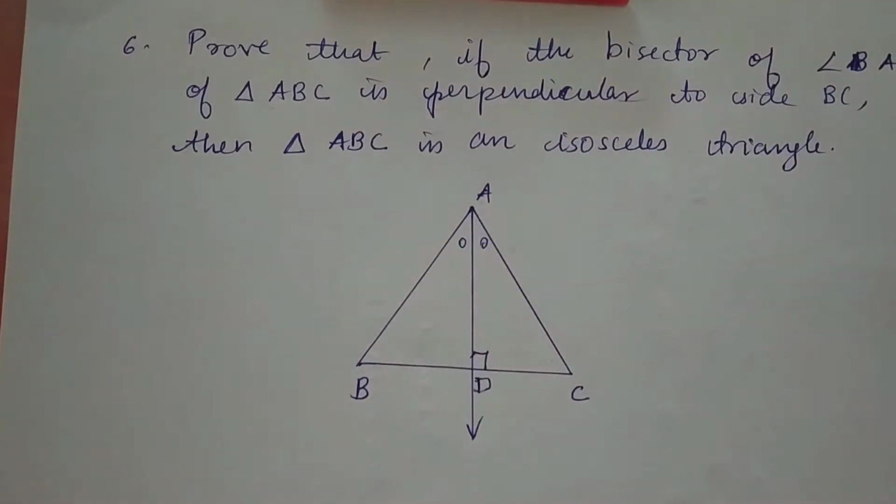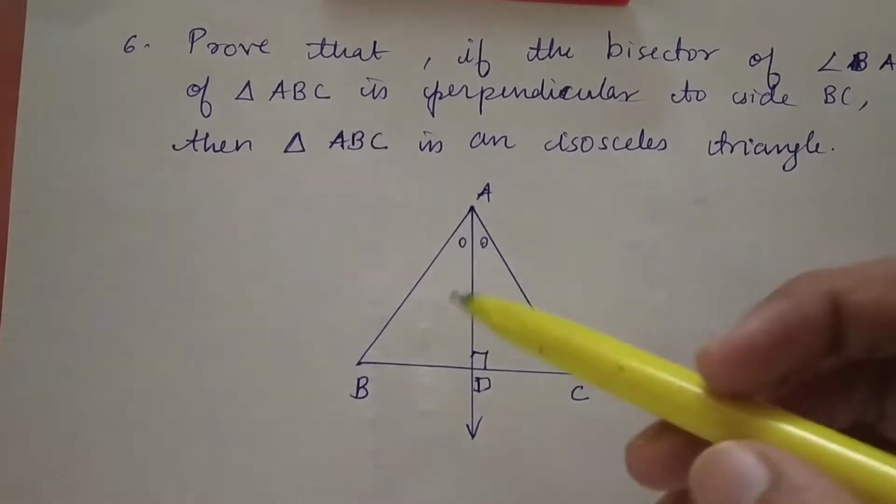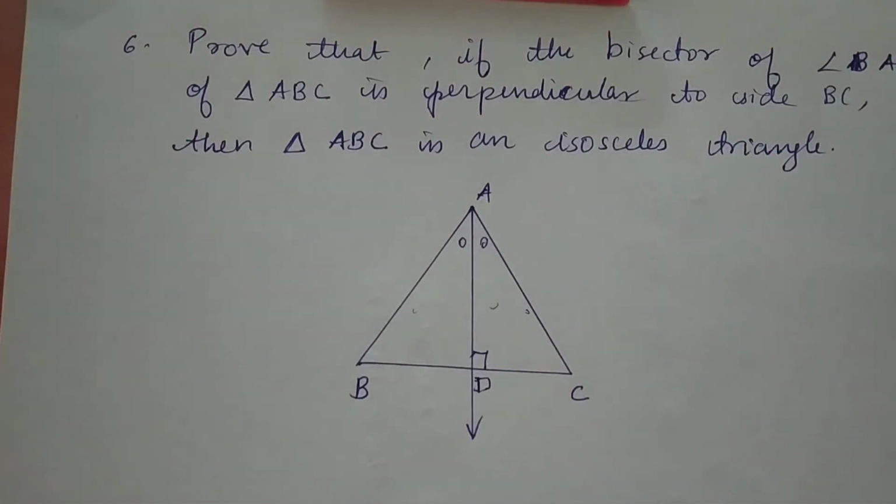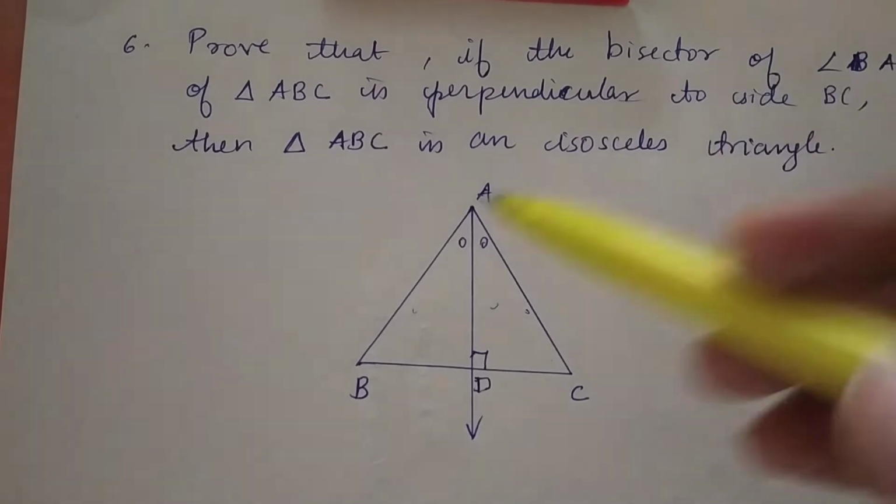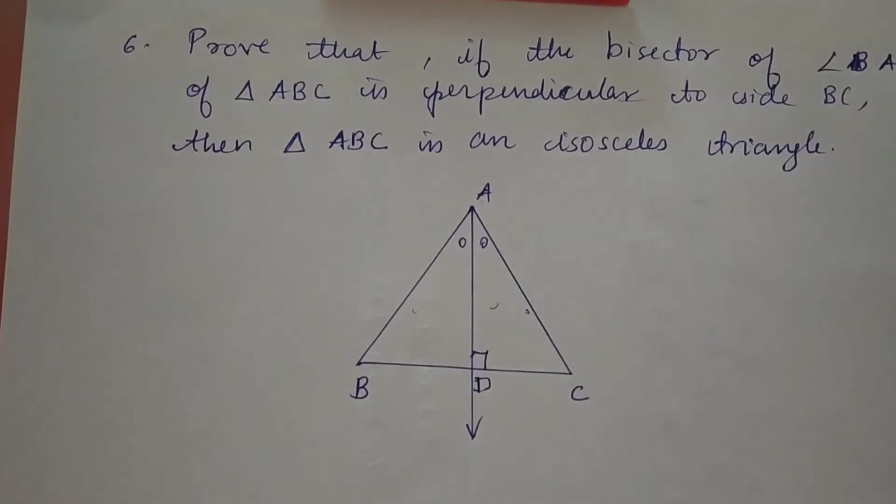To prove an isosceles triangle, either we should get two sides congruent or two angles congruent, right? So if you see here we see two triangles. If I prove that these two triangles are congruent, then by CSCT, corresponding sides of congruent triangles, I can easily show that side AB is congruent to AC, and I will be able to prove that this is an isosceles triangle.